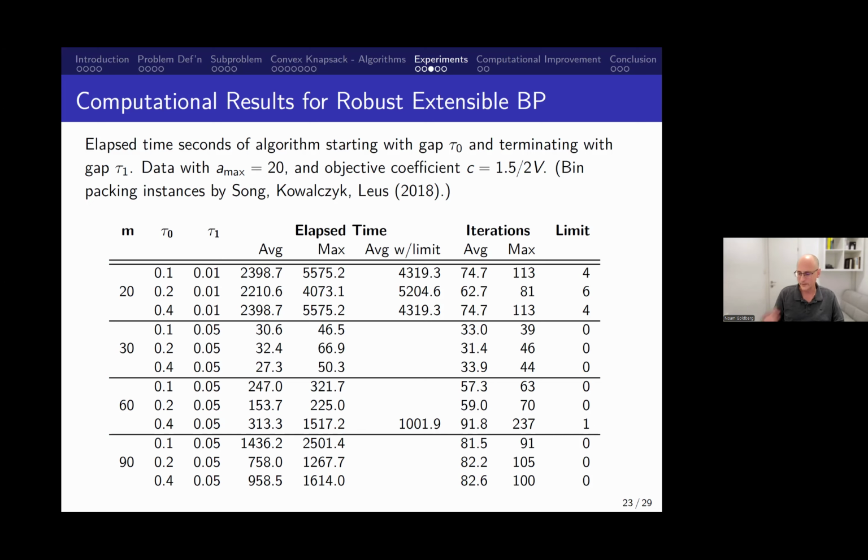So I'm at the end. I'm going to show some more, just making sure that I have enough time. We're going to look soon at computational improvements that we apply to the master problem as well. I should also comment that here we start with a given set of bins that's some very high upper bound.